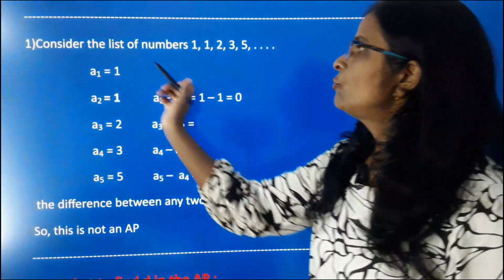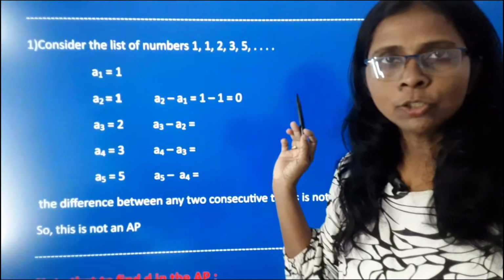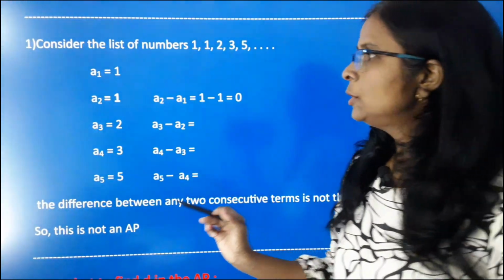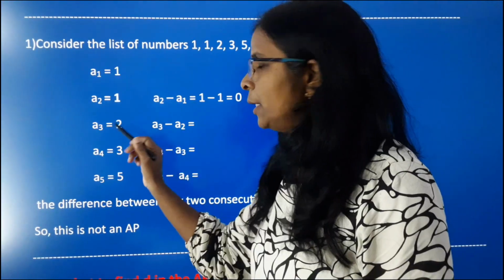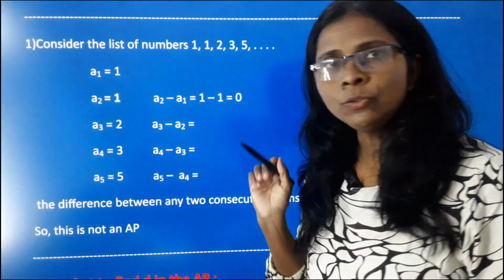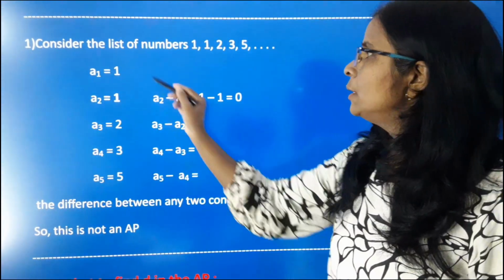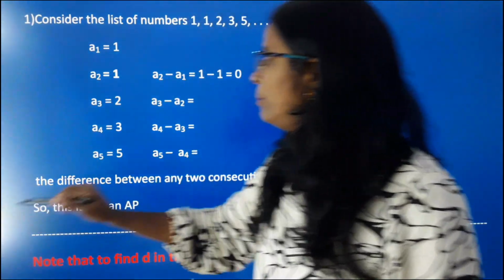The list of numbers is 1, 1, 2, 3, 5, dot, dot, dot. First write down the given terms: A1 is equal to 1, A2 is equal to 1, A3 is equal to 2, A4 is equal to 3, A5 is equal to 5. And then leave the first place.